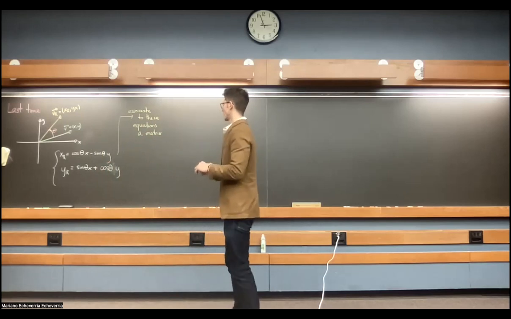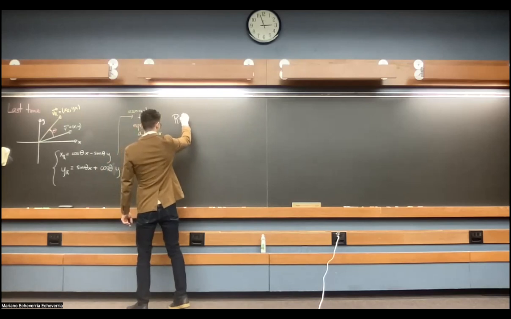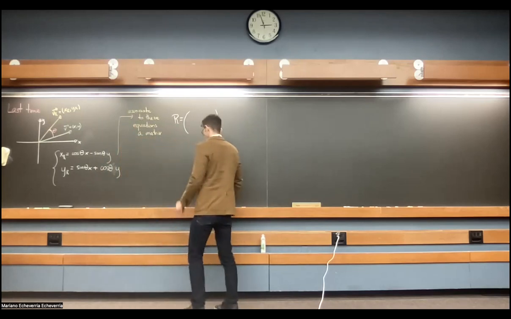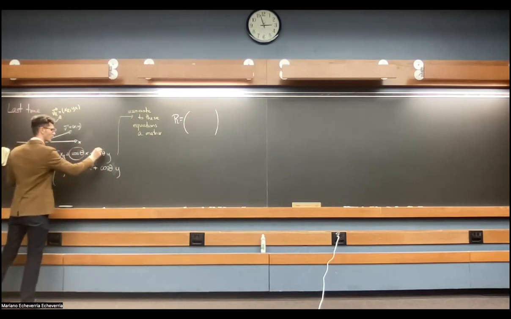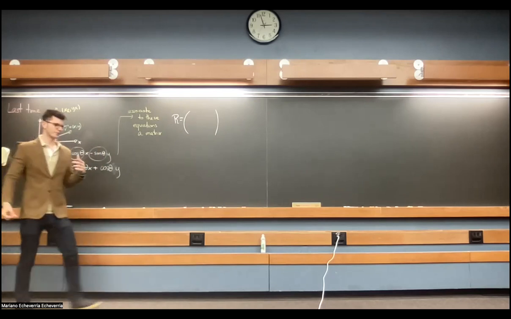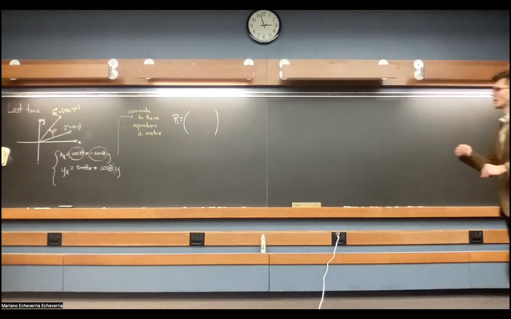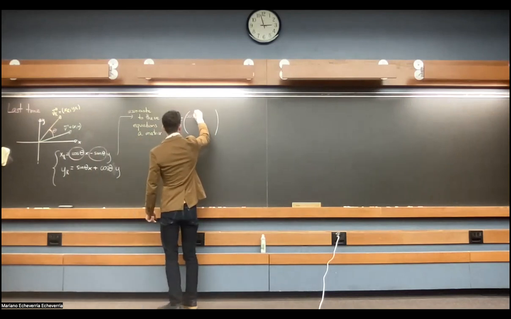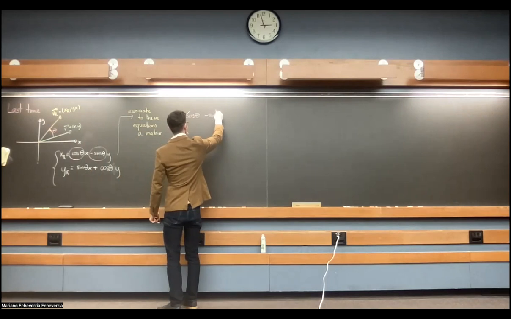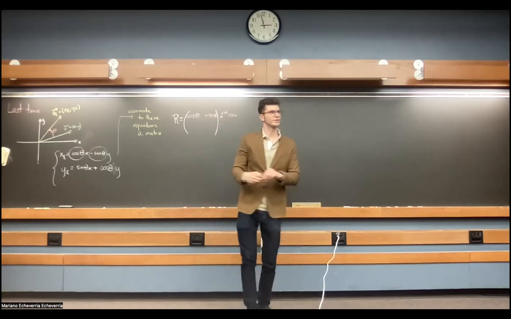Let's call this matrix R for rotation. So the first equation: the numbers, or coefficients, multiplying x and y just become the entries of the first row of the matrix. So you have something like this: cosine of theta, minus sine of theta. This first row corresponds to the coefficients that appear in the first equation.